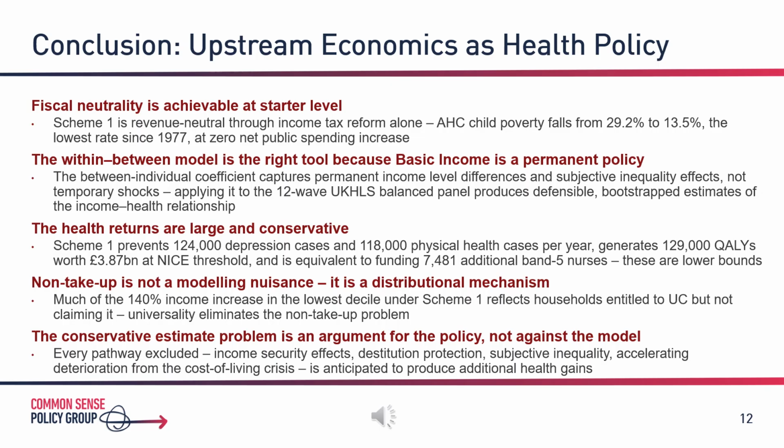The between coefficient does not capture the additional health gain from the predictability and security basic income provides over and above its income level effect. The cost of living crisis of 2022 to 23 accelerated health deterioration through exactly these pathways. The published figures are a floor, not a ceiling.